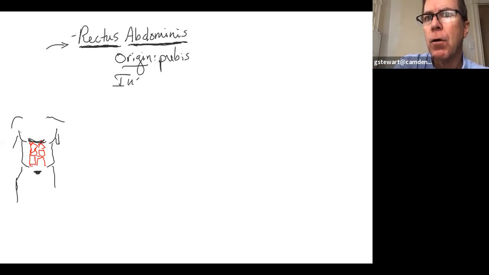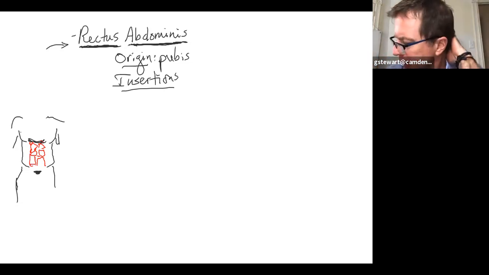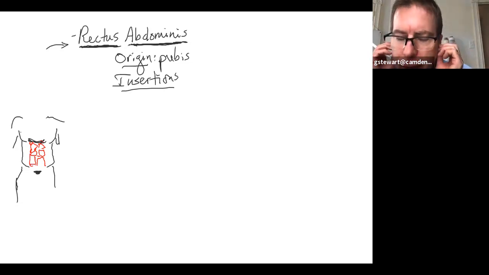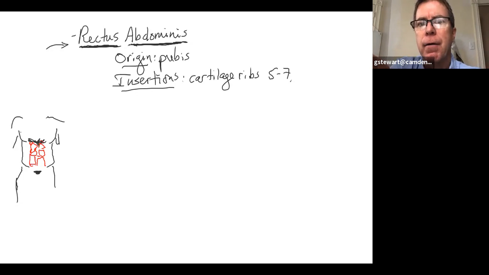I'm not going to list all of the insertions. We'll try to make it as simplified as possible. It's technically cartilage of ribs 5 through 7 and the xiphoid process. That's simplified. So I'm going to write cartilage, ribs 5 through 7, and that point on the end of the sternum right here.